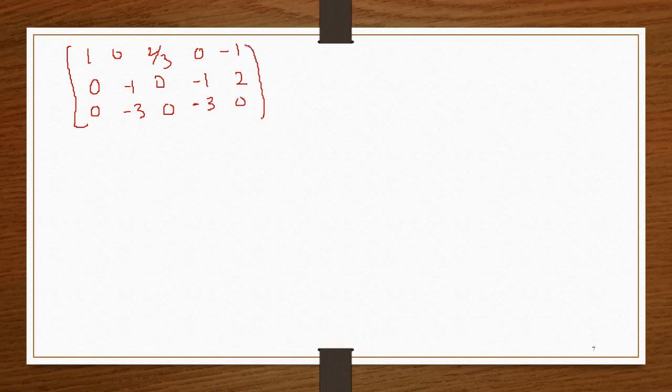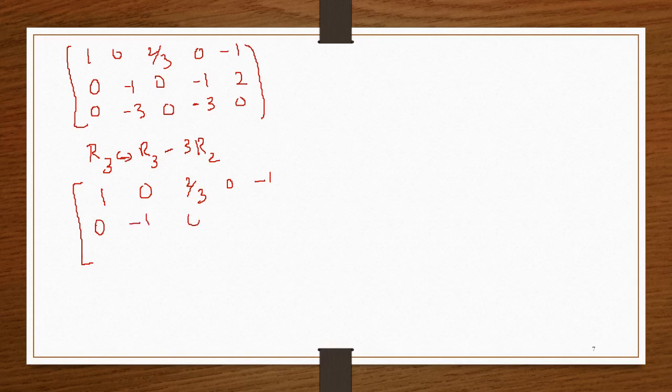Next row operation, we'll write R3 will be equal to R3 minus 3 times R2. So after doing this, we'll get a matrix 1 0 2 by 3 0 minus 1, 0 minus 1 0 minus 1 2, 0 0 0 0 6.